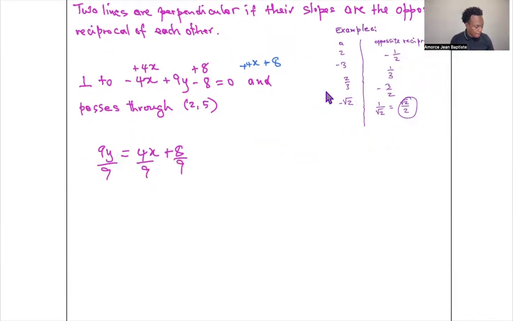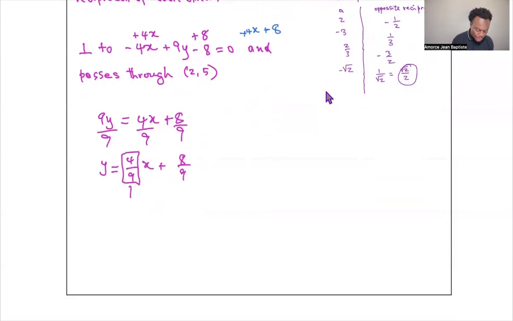So we get y equals 4/9x plus 8/9. That is the equation of the line that is perpendicular to the line that we need its equation. So then we're going to use the slope of this line and its opposite reciprocal.